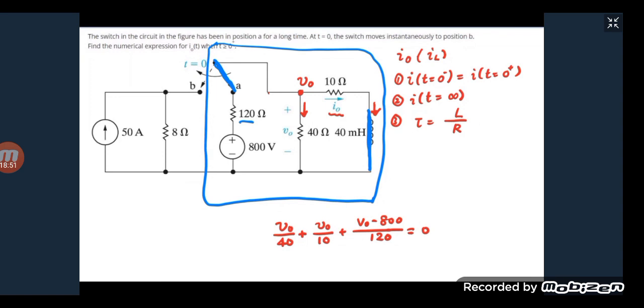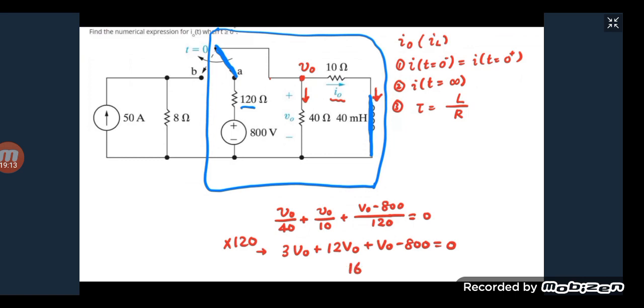So here we times 120 and find 3 VO plus. So finally 16 VO is equal to 800. So VO is equal to 50.